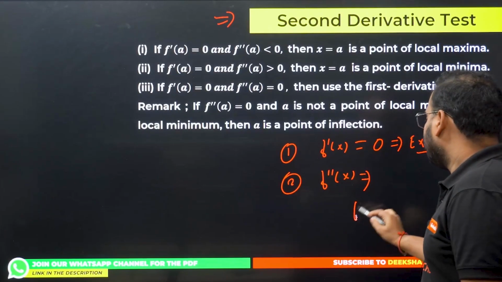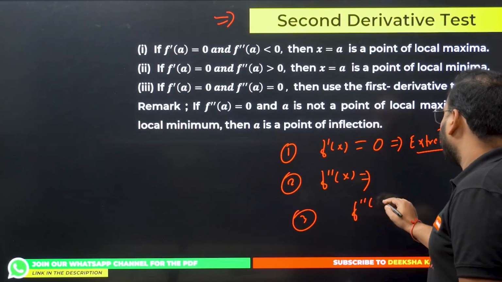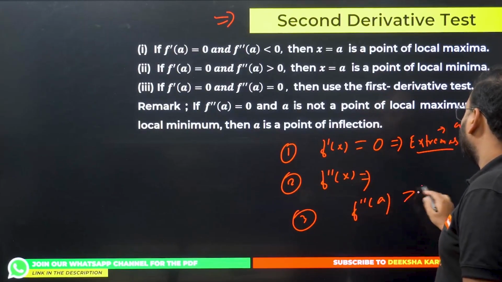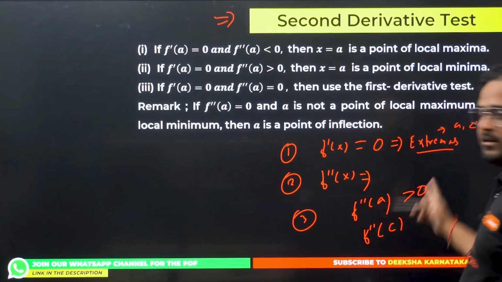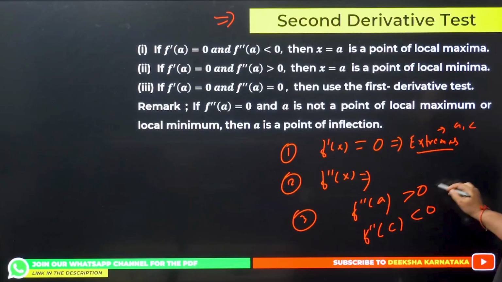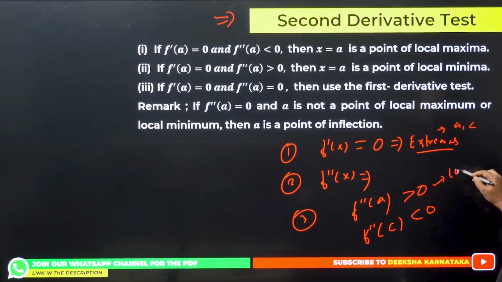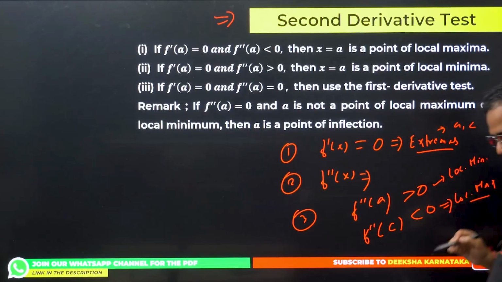Check this out. Step 3: if f double dash at point a is more than 0, and f double dash at point c, I've taken 2 extremas, right, a and c, at c is less than 0. When you have more than 0, it means it's local minima. When you have less than 0, it means it's local maxima.